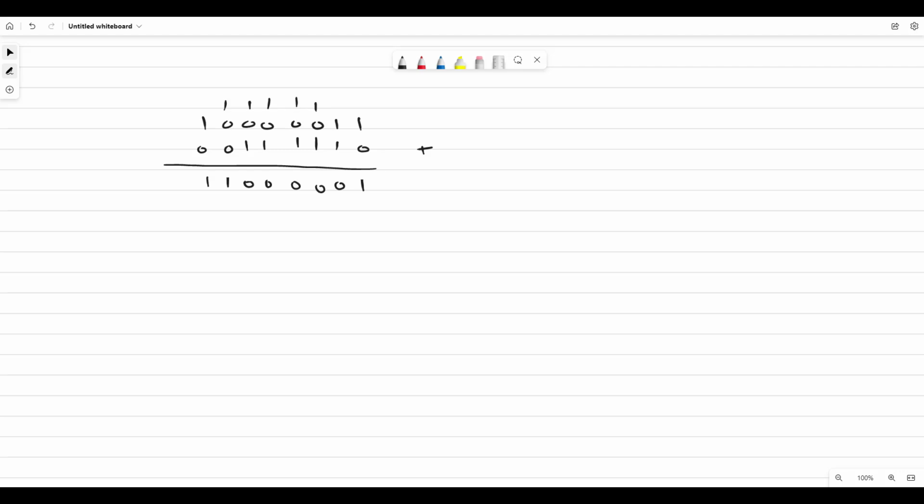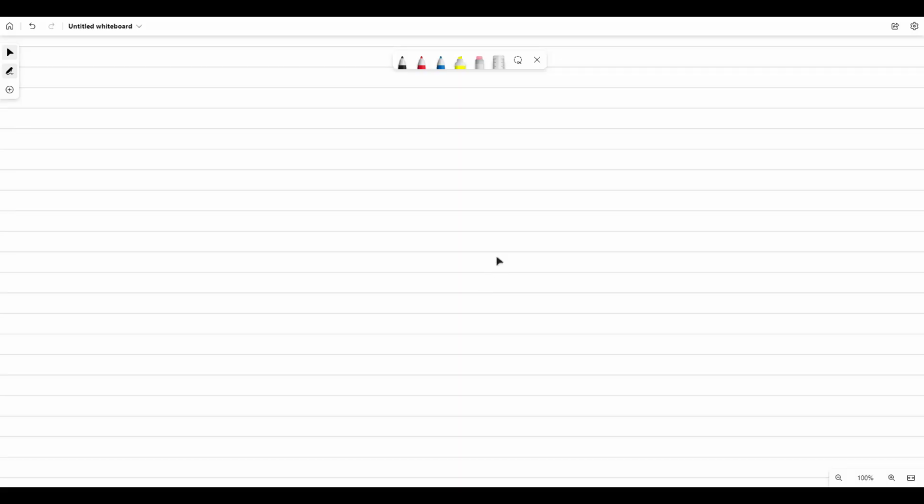Now let's talk about the bit shift. We can shift the bits either to the left or to the right. If we shift the number to the right, we add a 0 from the left side, and this results in a division by 2.